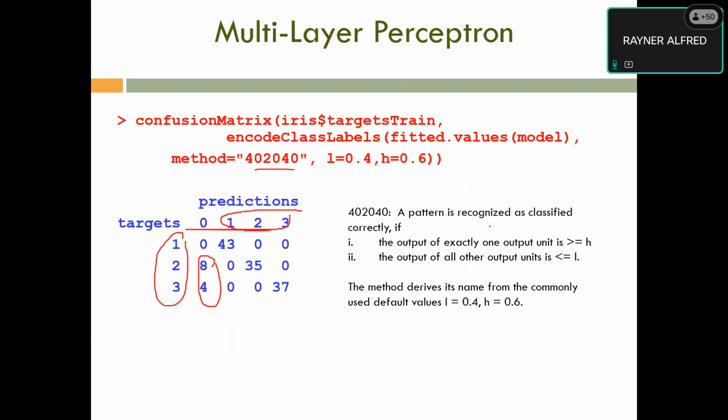A pattern is recognized as classified correctly. So this is the sample that is correctly classified. The method derives its name from the commonly used default value IH. So this is the default value for this I. The output of all the output units is less than this value, and this is for the h value.